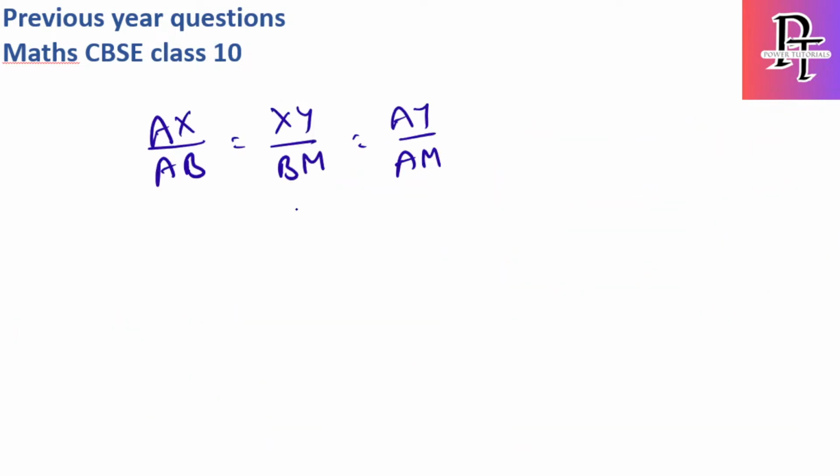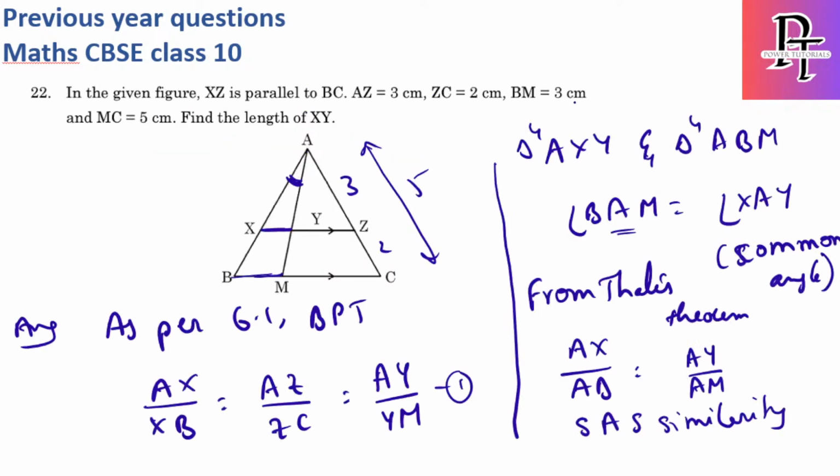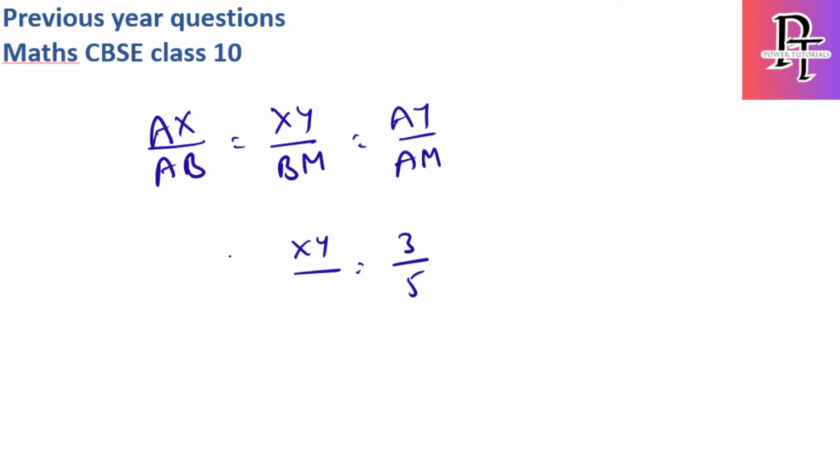AY by AM is 3 by 5. BM we have, what is the BM value? BM is 3, so XY I can say it is 9 by 5.